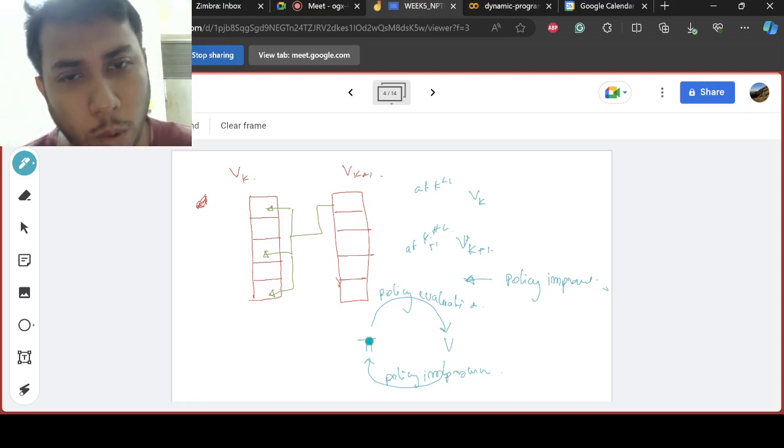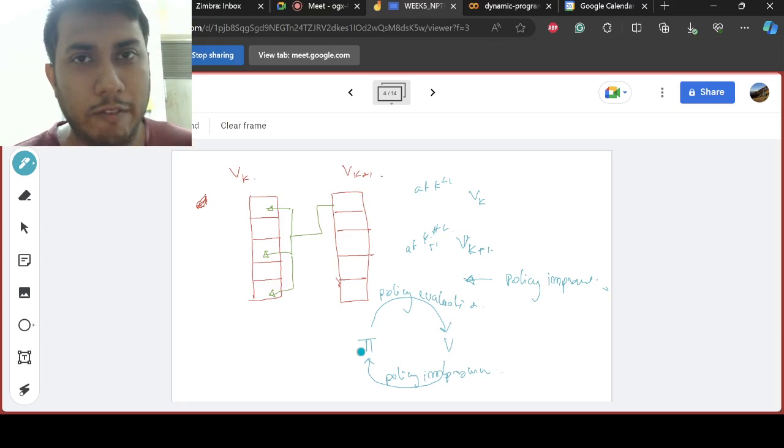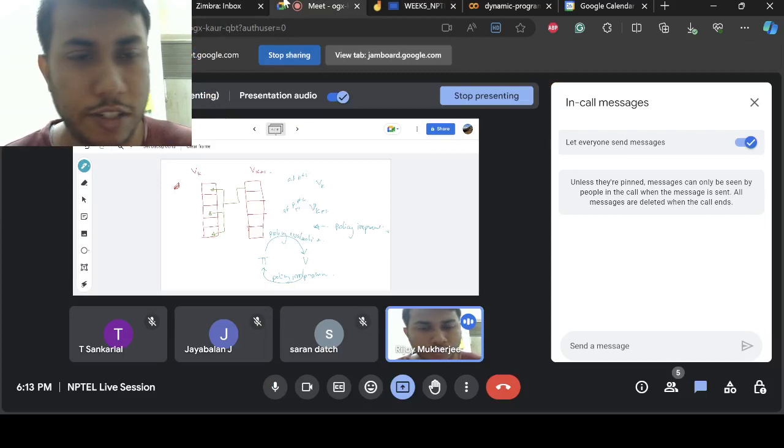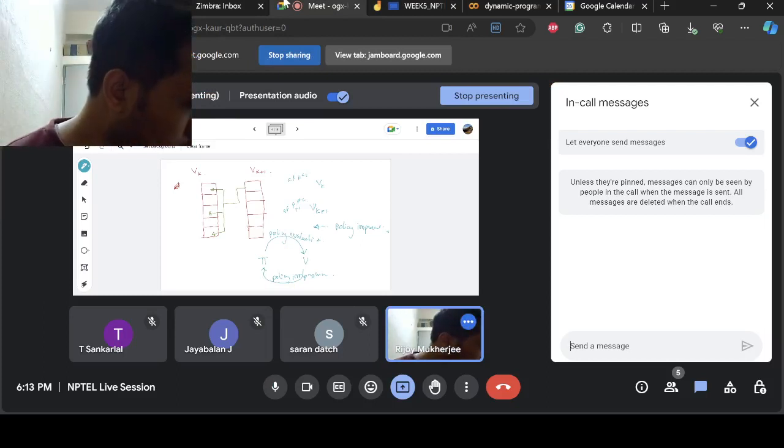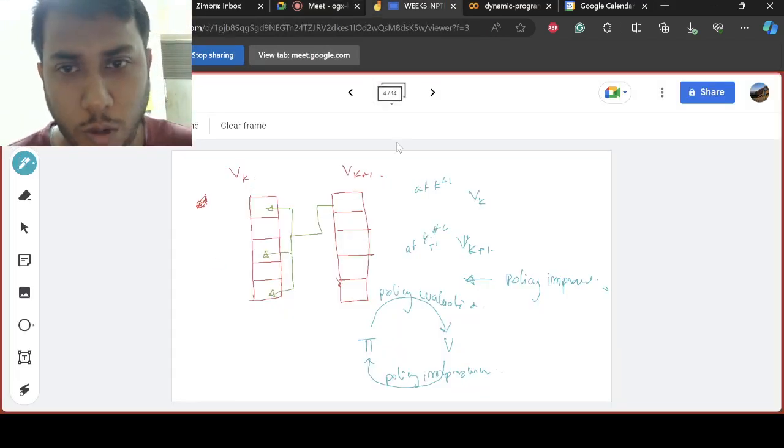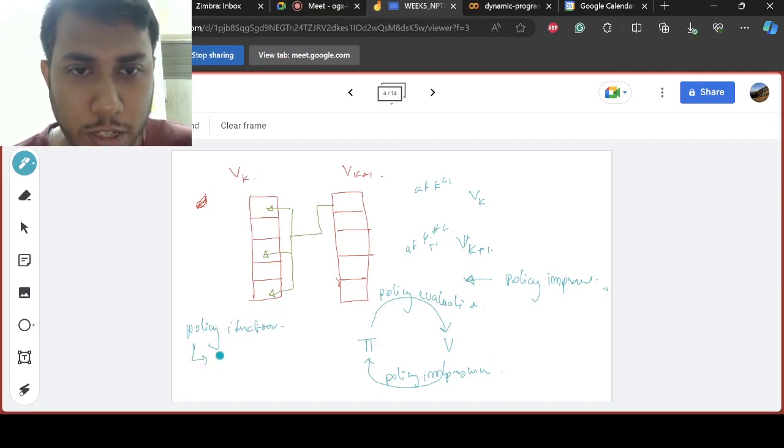So from a policy you get a V, and from that V you get a new policy. That is what policy iteration does. Policy iteration is basically first policy evaluation and then policy improvement, right?